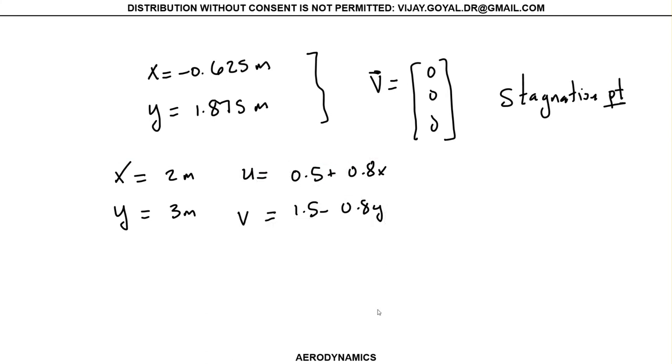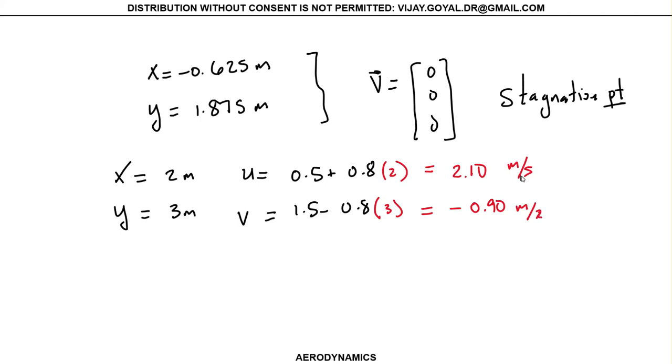Now we replace these values, 2 for x and 3 for y. You can show that u becomes 2.10 and your v becomes -0.90, in meters per second.